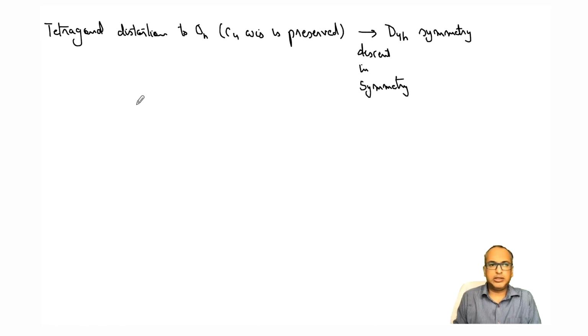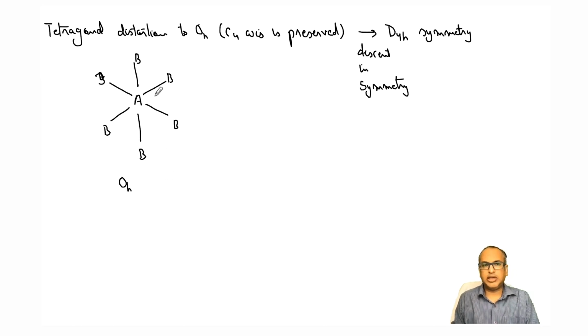So let us see pictorially what I mean. If you have A and B, in case of octahedral, all 6 AB bonds are equal. But if you increase these bonds, which are two opposite bonds, or compress these bonds, you will end up with something like this.